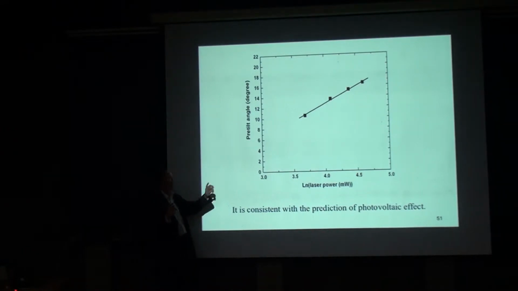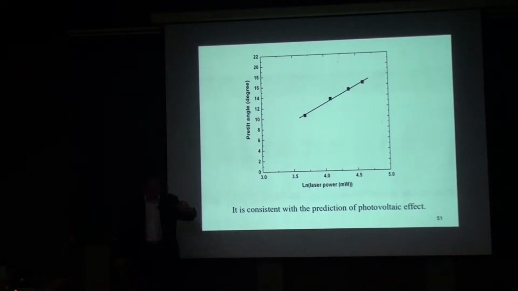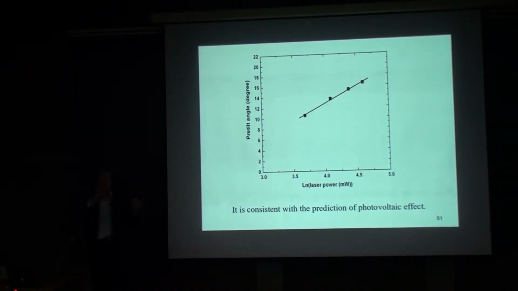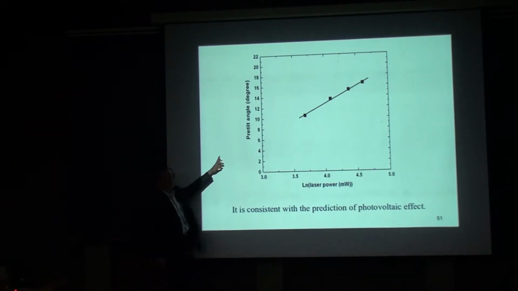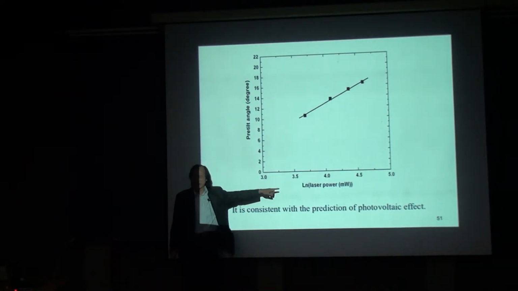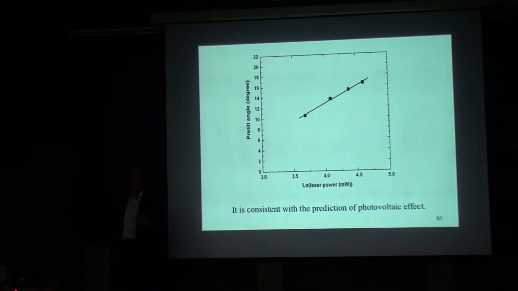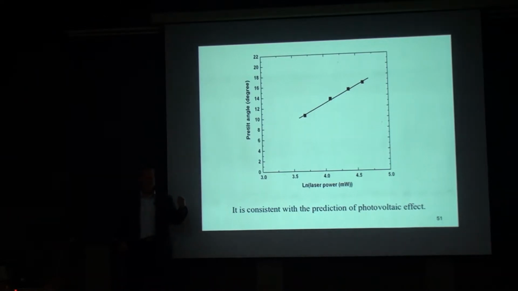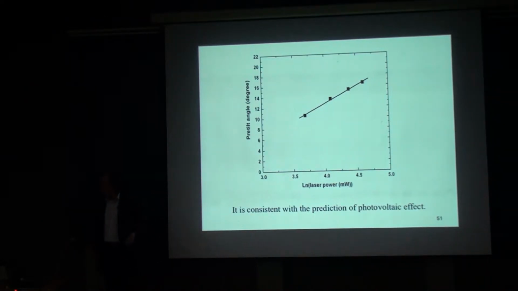We can calculate the tilting angle from the spectrum, so we are able to estimate the tilting angle of the liquid crystal molecule. The tilting angle is strongly dependent on the laser power, which gives us another piece of evidence to show that the change of the liquid crystal molecule is due to the instant laser power.